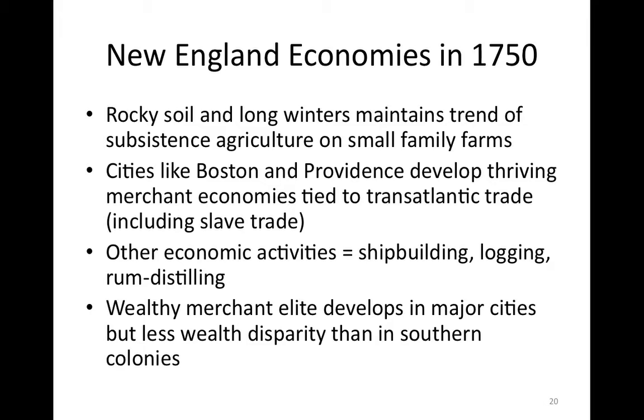They also developed local economic activities like shipbuilding, logging, and rum distilling. Sugar was huge in the Caribbean. A lot of that sugar would be shipped to places like Boston and Providence, and then made into rum, a liquor which was very popular in Europe and in the Americas. And so the production of rum was a huge economic activity in New England as well.